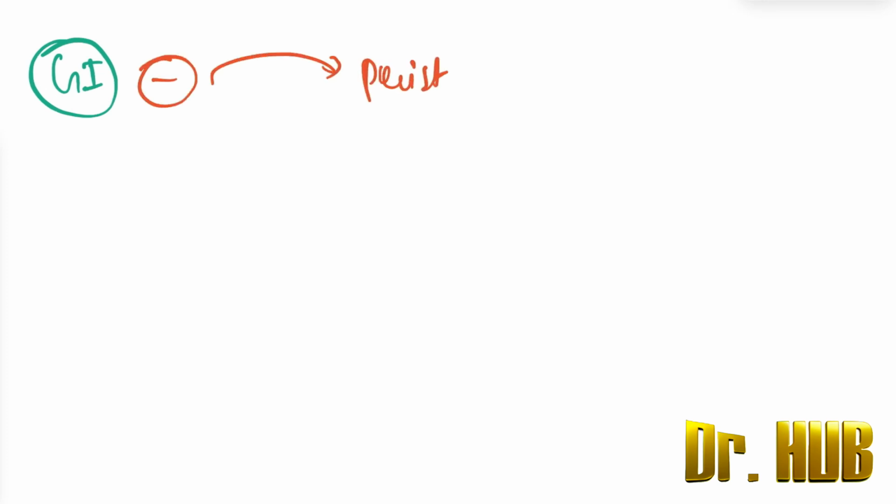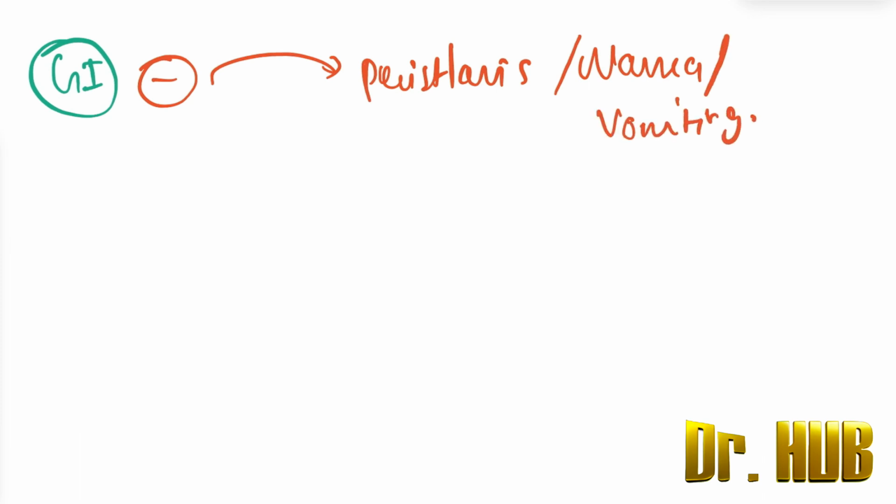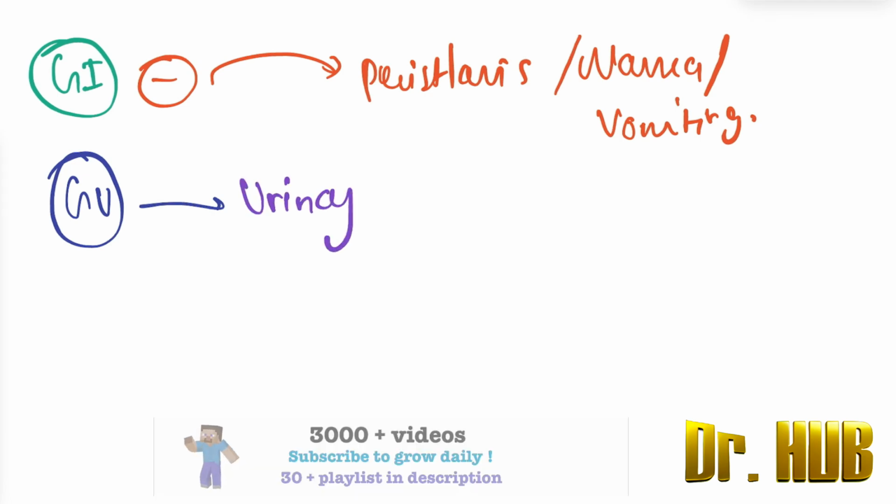Next, when we look at the gastrointestinal, there is an inhibition of peristalsis, as well as nausea and vomiting. Now in the genitourinary, there is urinary retention.